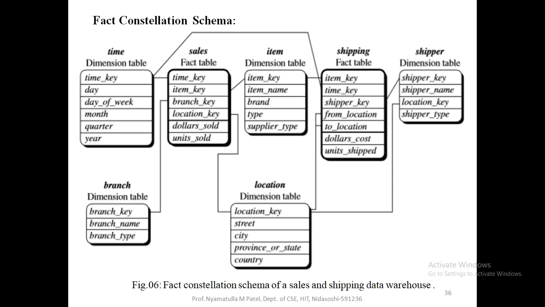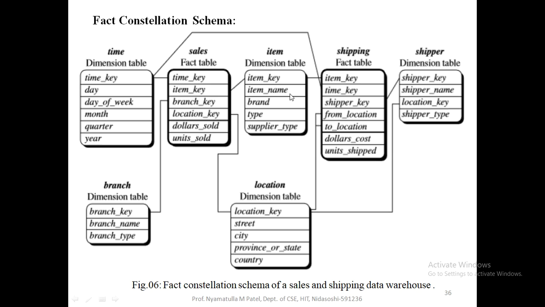A fact constellation schema allows dimension tables to be shared between the fact tables. Now what is the advantage? For example, here the item, time and location dimension tables are shared between the sales and shipping fact tables.